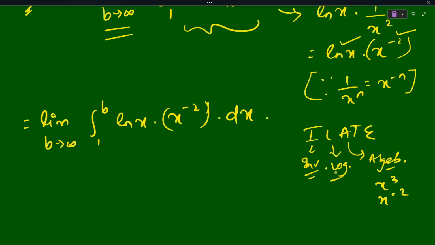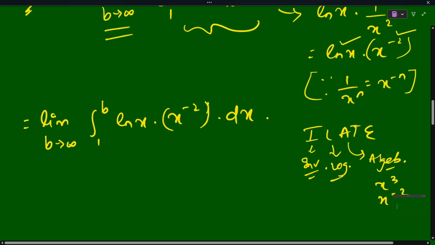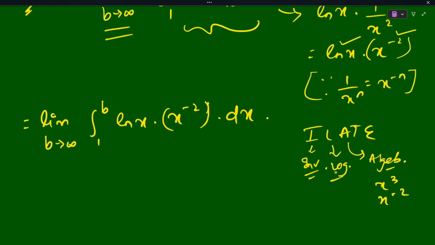So like that. So see, here x to the power minus 2 is an algebraic function, so it will be the second function, and ln x, the logarithmic function, would be the first function.